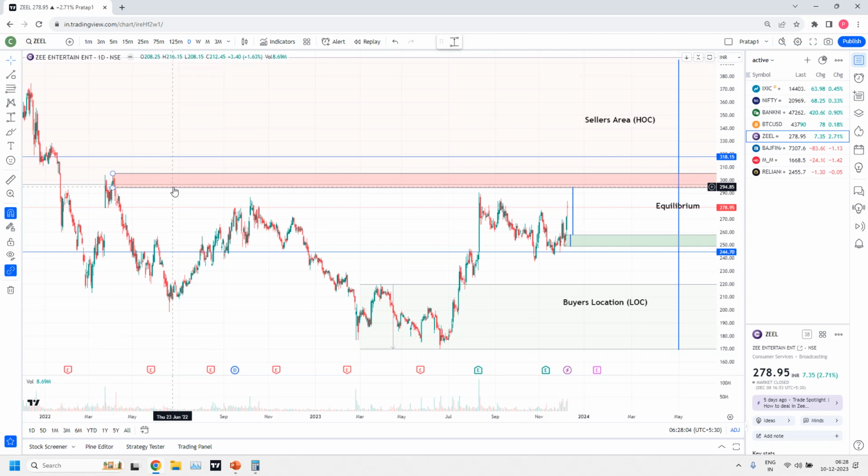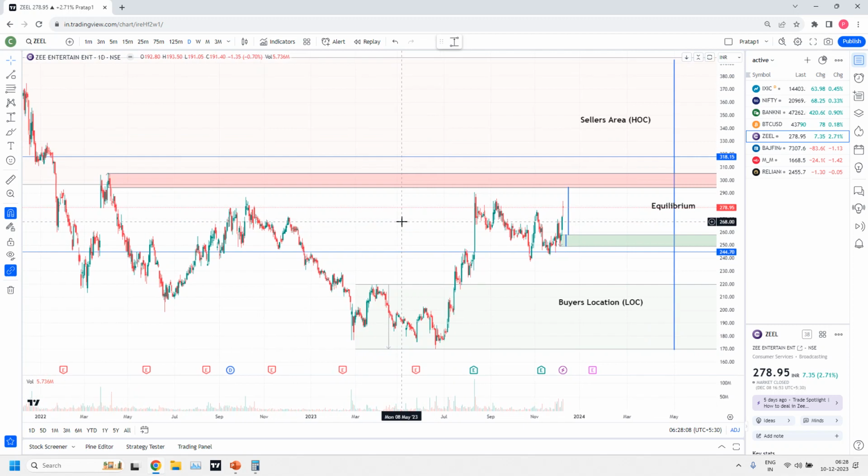So please remember these points. This is the way we are able to take better decisions. Basically, we are increasing the probabilities of success by identifying buyer's location, seller's location and also equilibrium.